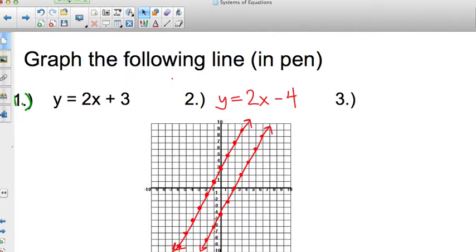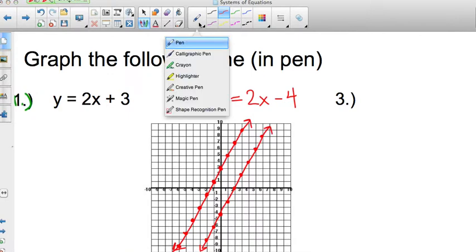Take 15 seconds, and now looking at both of these equations, I want you to tell me what's the same and what's different. Okay, 3, 2, 1.